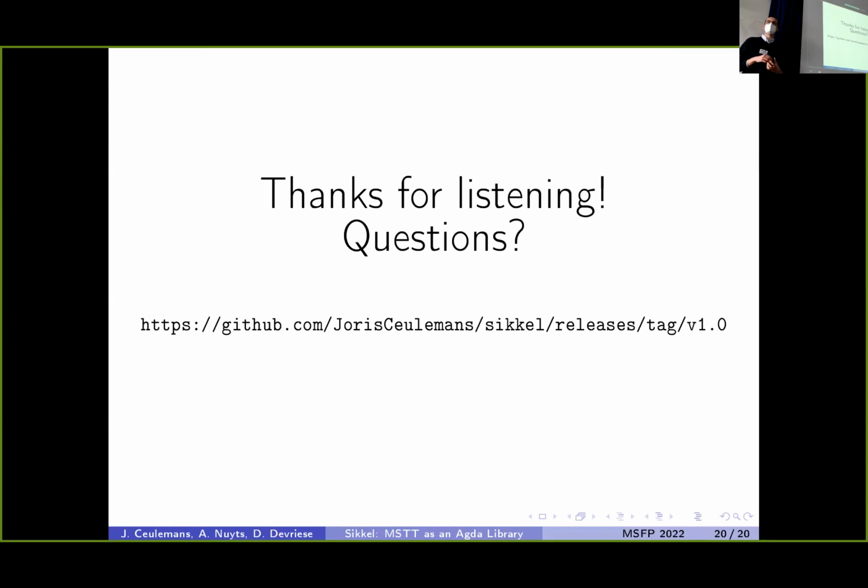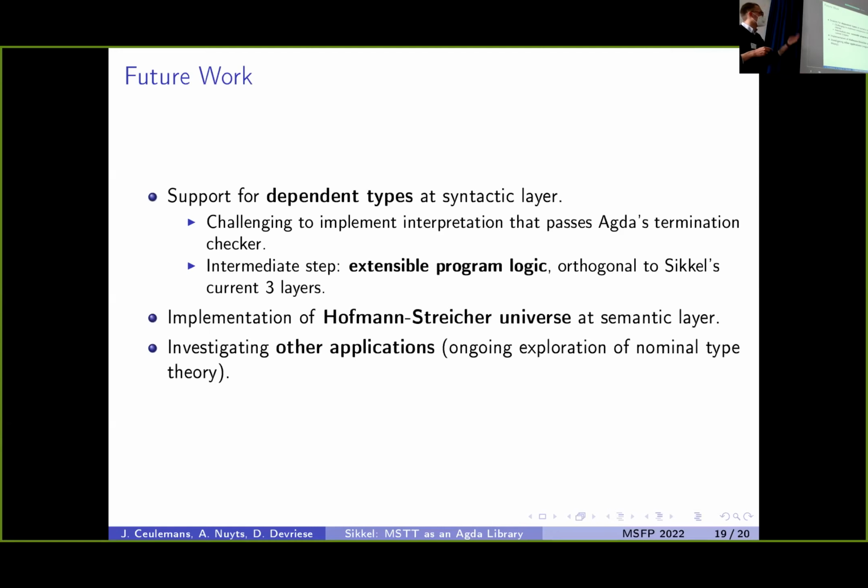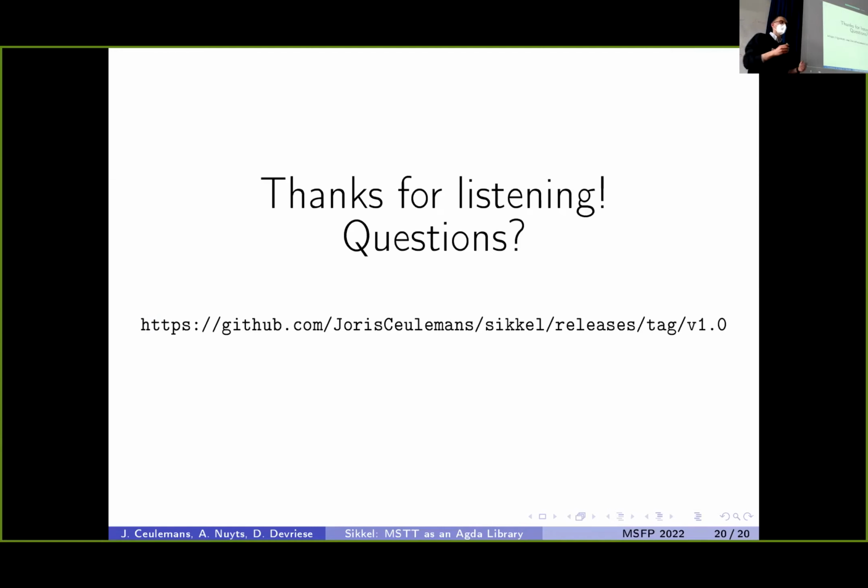Because, well, when I started this, I didn't know of any good library for category theory in Agda. And also this way, I can use convenient notation to work with all of these things in Agda.